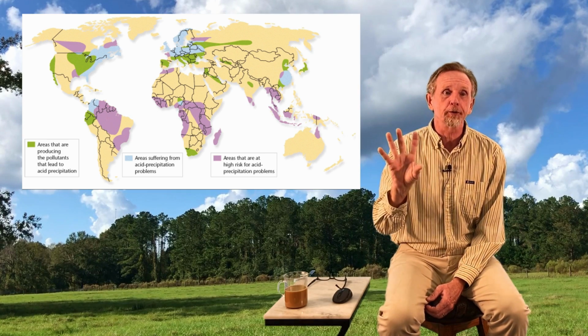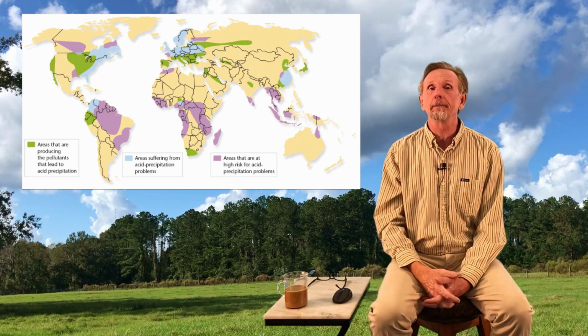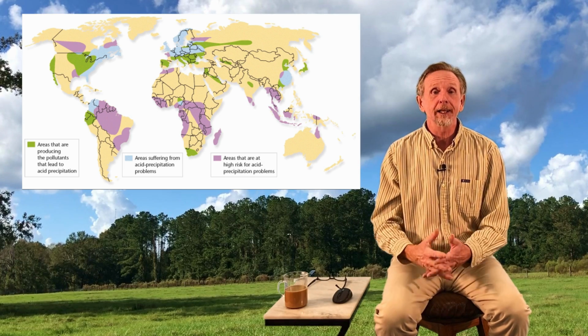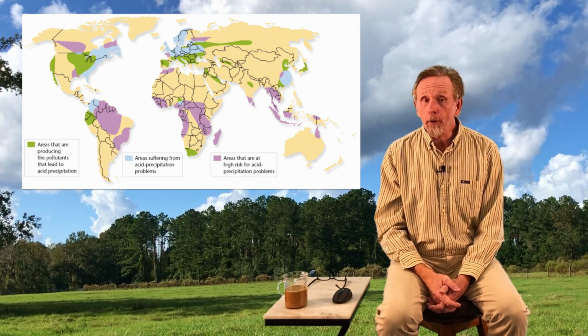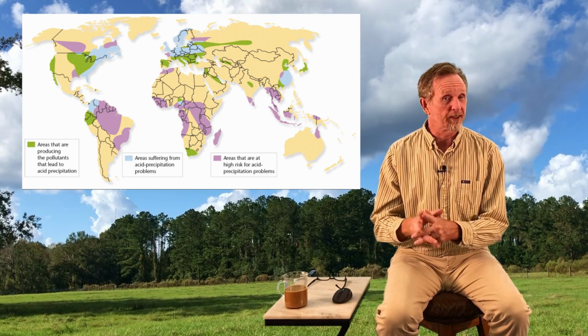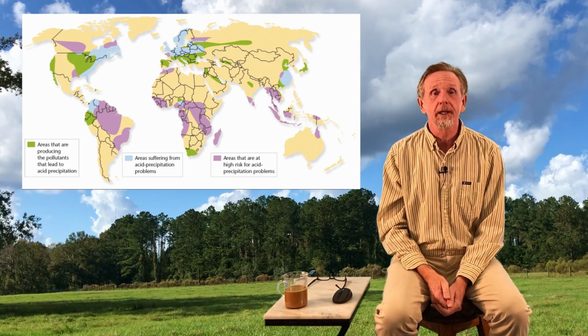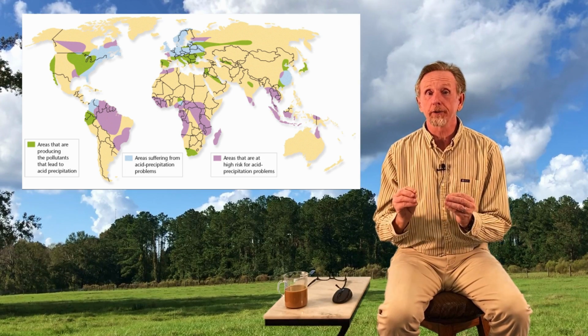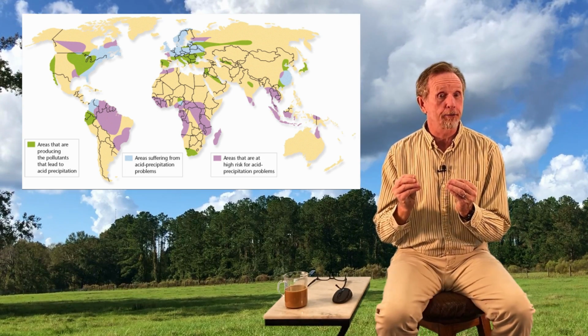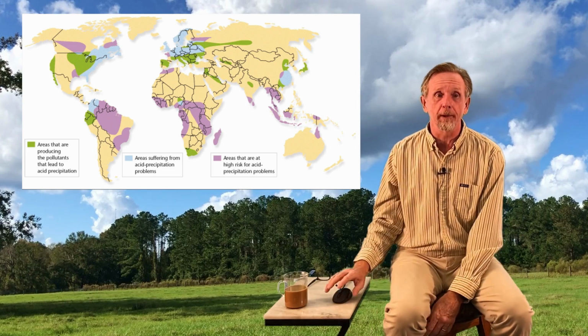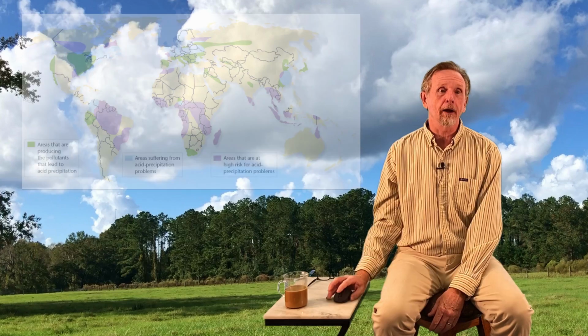So all up our eastern seaboard, and once again, strongly up into Canada, they're all getting issues from it. And then the purple are areas with high risk, depending on how the winds change. So you can see the areas of green where it's getting produced are not always the area that's really having the problems from it. They're often in other areas.